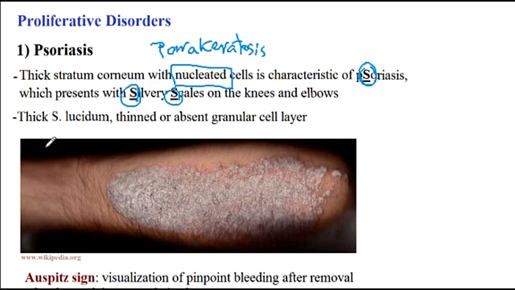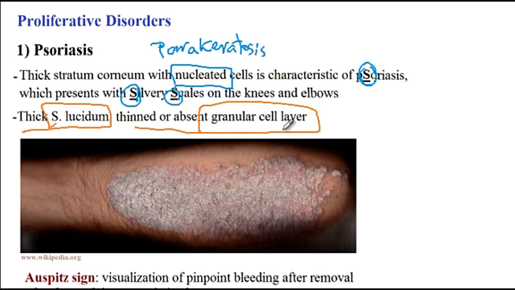Other histological findings that you may see with psoriasis include a thick stratum lucidum, and you may recall that the stratum lucidum was a specialized layer found in the soles and palms, and then there is a thin or absent granular layer. The granular layer was the layer that was preparing to flatten cells and lose the nucleus. So the fact that there is a thin or absent granular layer explains why the nuclei have been retained in the stratum corneum.